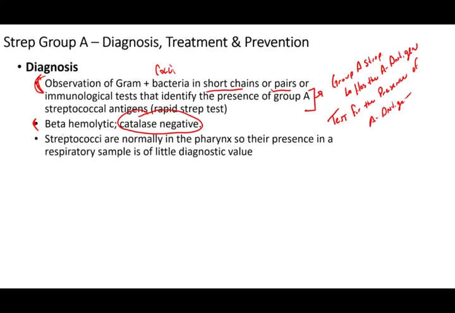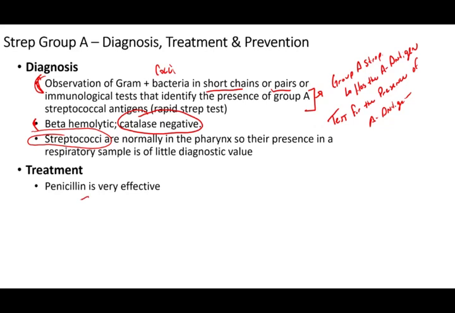So if they find streptococcus in your throat, that doesn't mean you have strep throat, because we have streptococcus as part of the normal microbiota that exists there. What you're looking for is whether there are any strep that have the A antigen present, because those aren't normally part of the microbiota. So this rapid strep test is what they're often doing with those throat swabs.